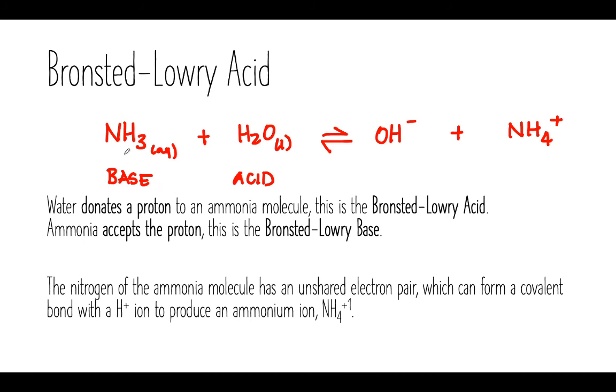So if I have NH3, which is my base, after it has gained a proton, it becomes NH4+. So because this is the base, this becomes my conjugate acid. And if I have H2O as the acid, after it gives away the proton, it becomes OH-. That becomes my conjugate base.